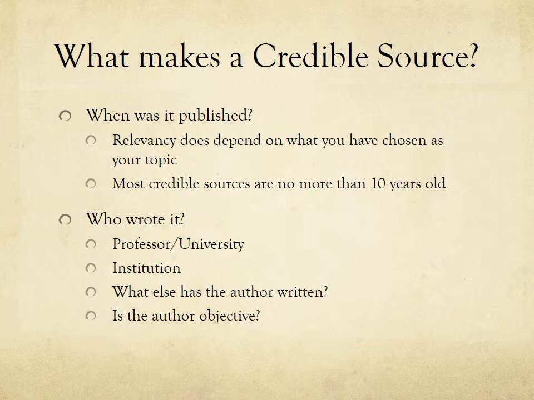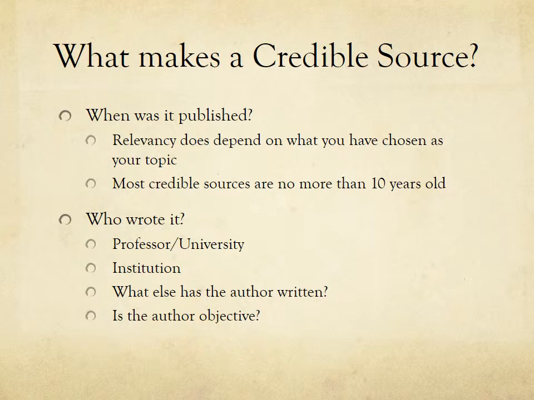But generally, topics are not at their peak 20 years ago because technology has given us further advances with what we can do with our research. With this in mind, we want to make sure our sources tend to be no more than 10 years old. This is the best guideline to look at to make sure that you have the most credible source.